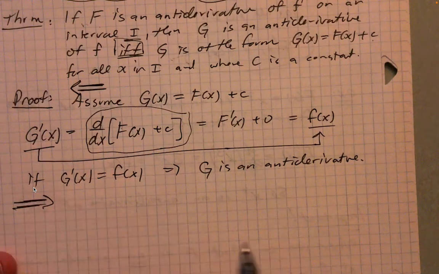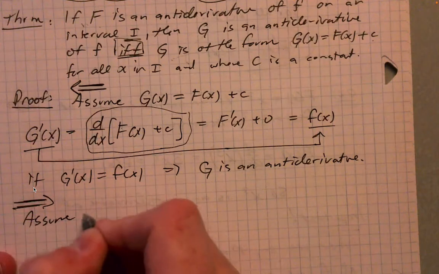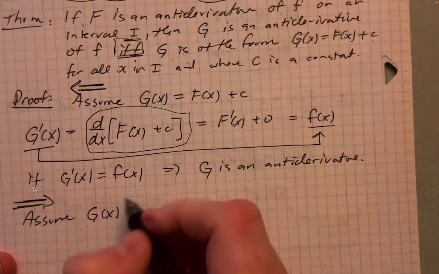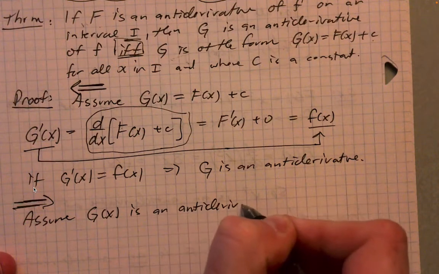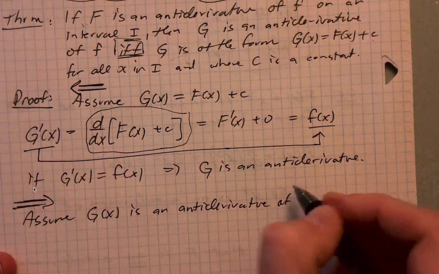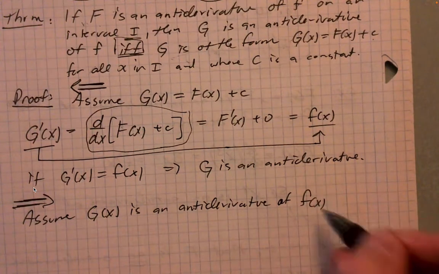So in the next direction, let's assume that g of x is an antiderivative of little f of x, right?